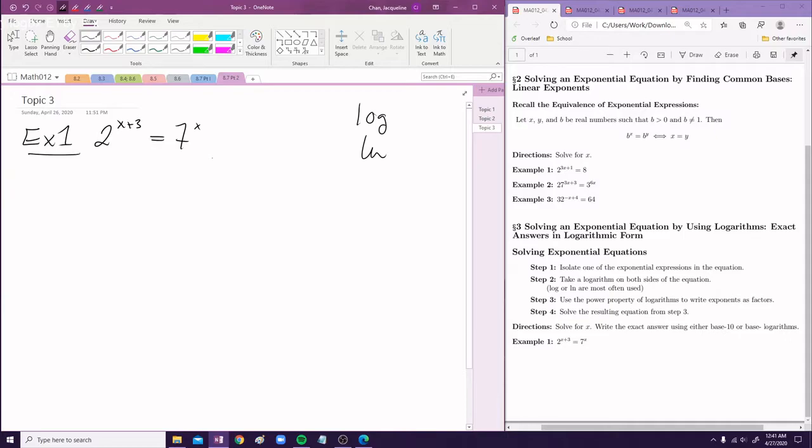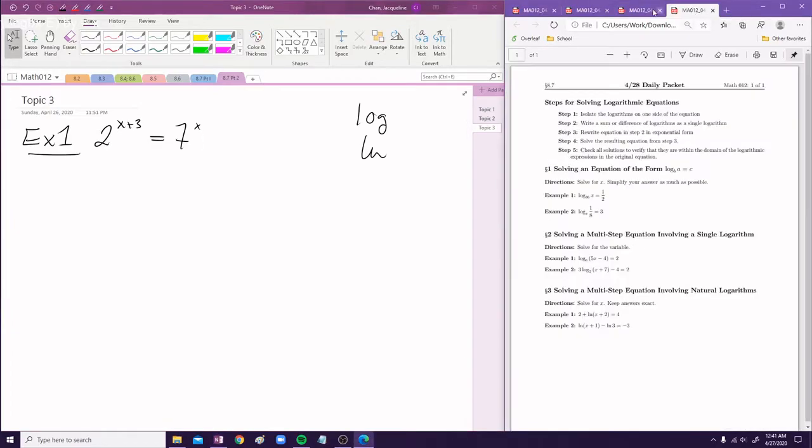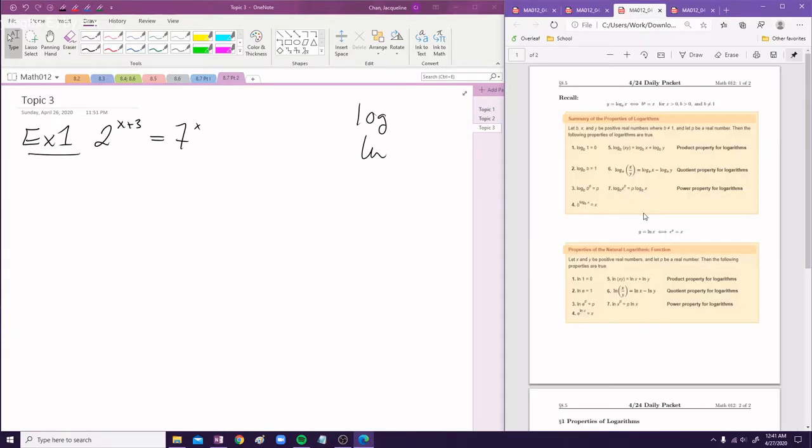And then step 2, we're going to take a logarithm on both sides of the equation. You can use log. I'm going to use natural log. Why are we going to take the logarithm? Keep in mind we have this lovely power property that says if we have a log of something to a power, we can bring that power down and make it a coefficient. So that's why we like to use log.